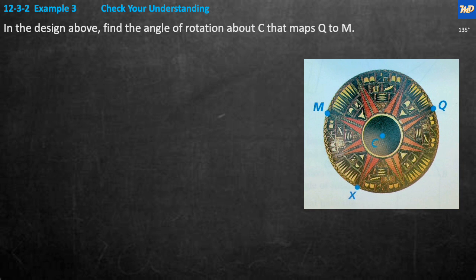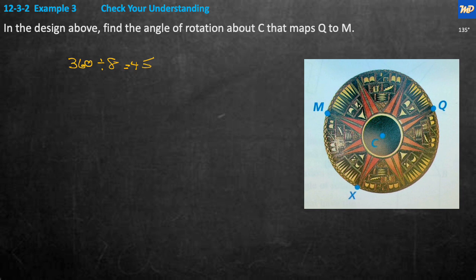Okay, I think you've paused it and you're back, so we can look at it. So we're going to go from Q to M, and we know now from the previous example that 360 divided by 8 is equal to 45, right? So each one of these segments is 45 degrees.